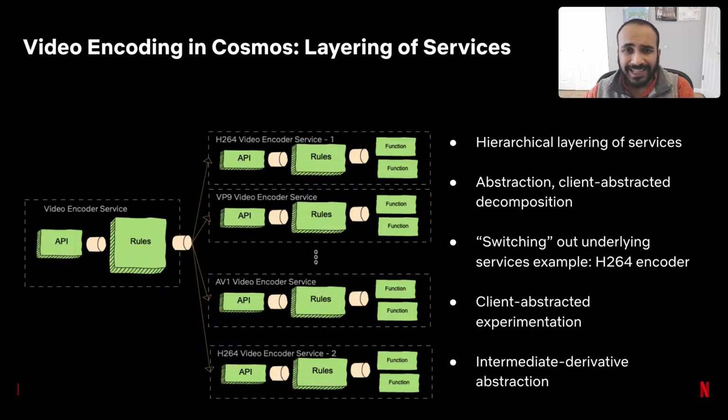While previously we leaked this intermediate video creation step into the higher level workflow, which was Sagan in this case, with this layered architecture from Cosmos, the client directly requests a watermarked H.264 encode, and the video encoder service creates the intermediate representation internally by calling out to the ProRes encoder service. This allows us to keep the client API stable even as the underlying watermarking tool evolves and changes.